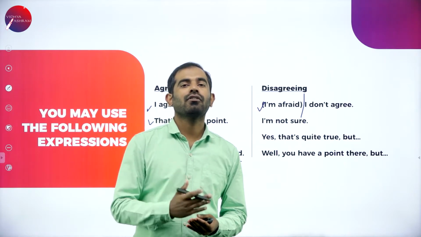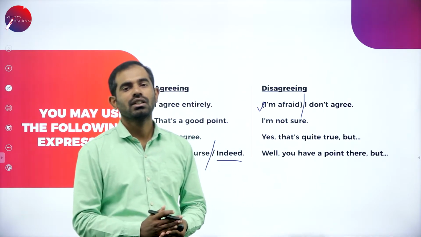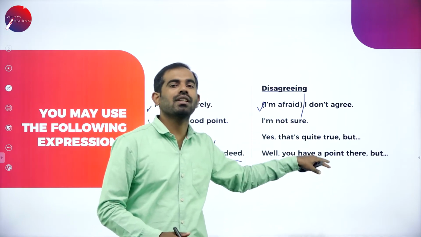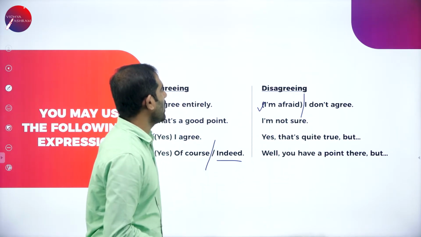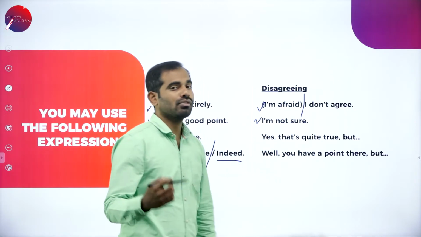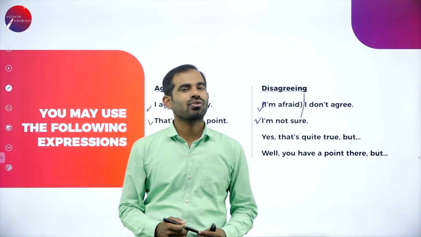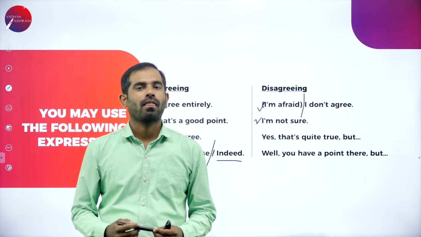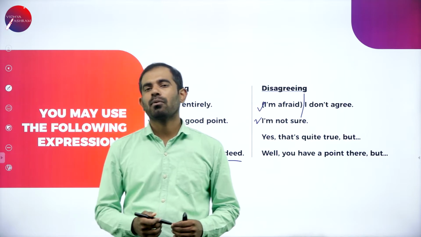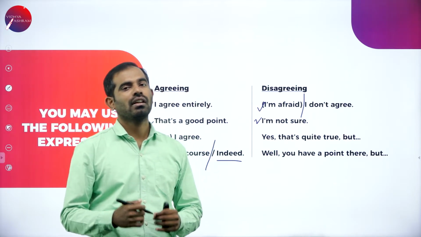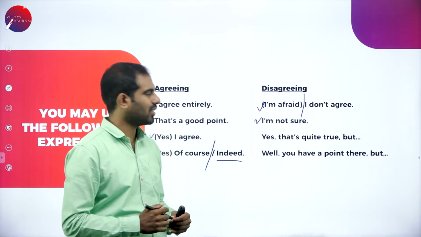How are they going to fulfill their needs? So anything which is demanded by you, they would disagree. I'm not sure. So some parents would tell, I'm not sure of buying a new bike for you. Or anything you demand from your parents' end, they may not be able to fulfill it, depending on their scenario or situation.